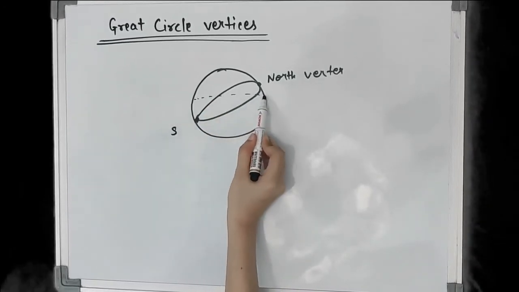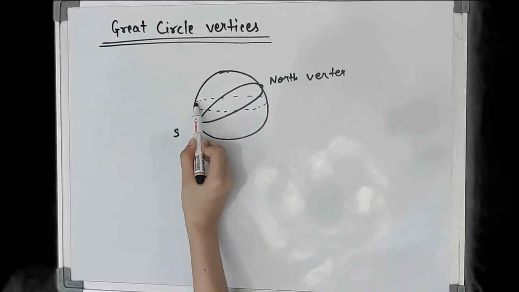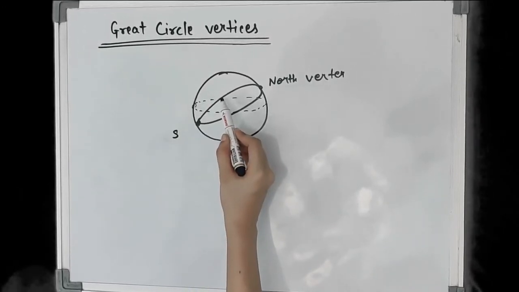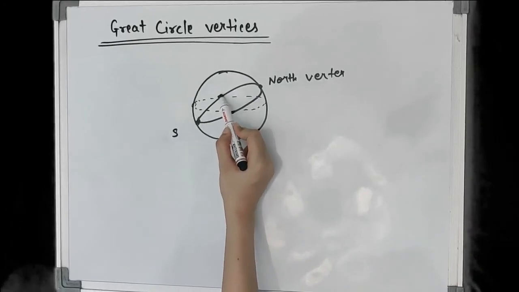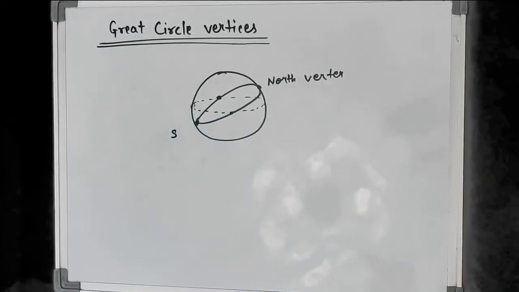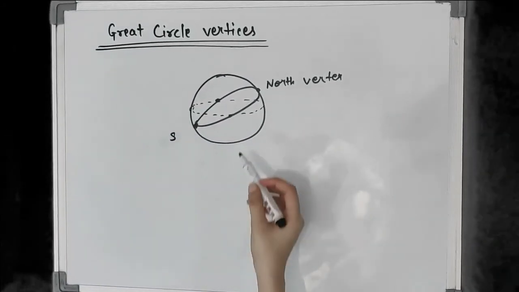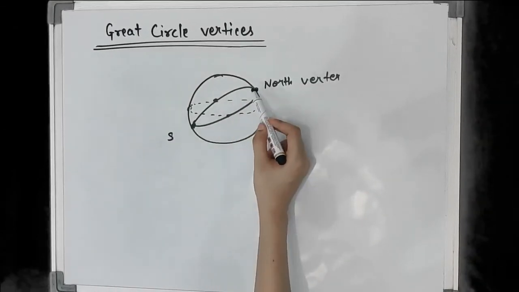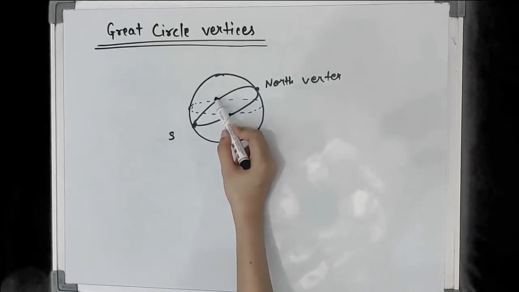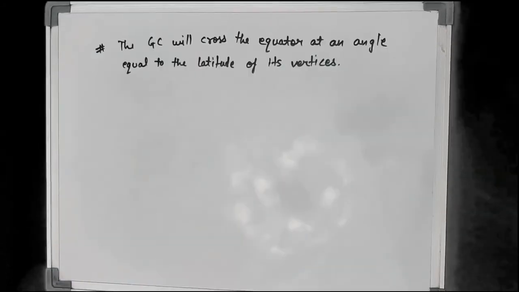If we draw equator here, you can see this great circle will cross the equator at 2 points whose longitude is 90 degrees removed from either of its vertices. If we remove 90 degrees from either of these vertices, we'll get the longitude of these 2 points.